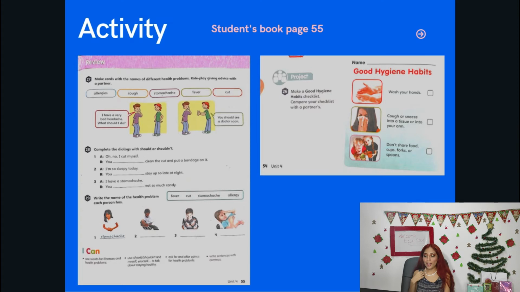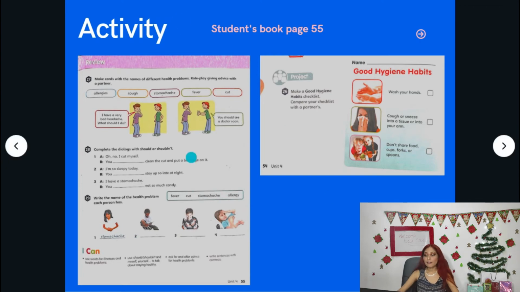Okay, now we have activity 29. Write the name of the health problem which each person has. Now we have fever, cough, stomachache, and allergy. You just need to look at the pictures. Stomachache is already used. You are going to place fever, cough, and allergy. Pay attention to the pictures and remember the vocabulary.